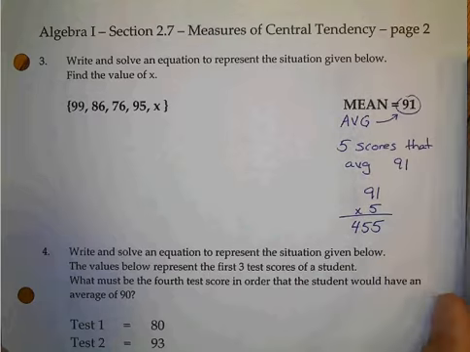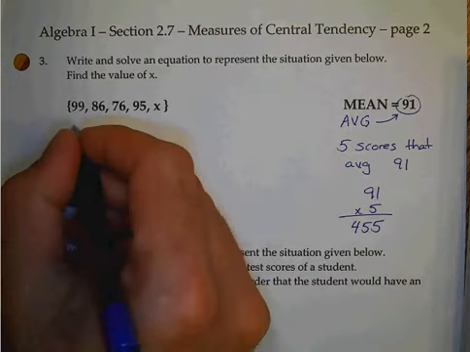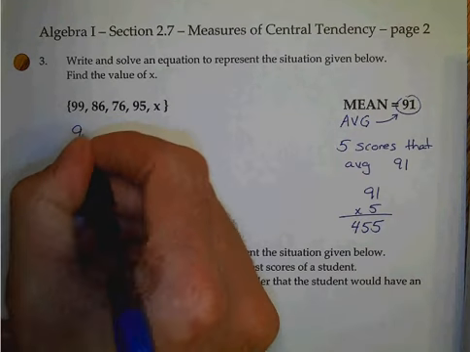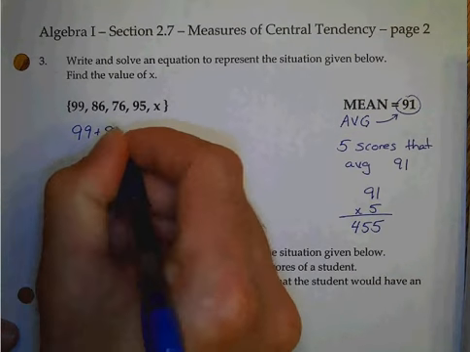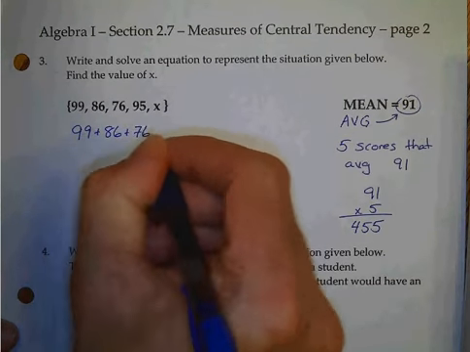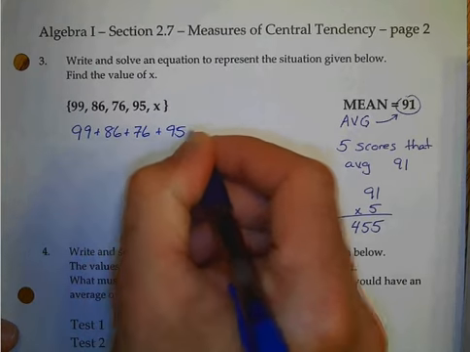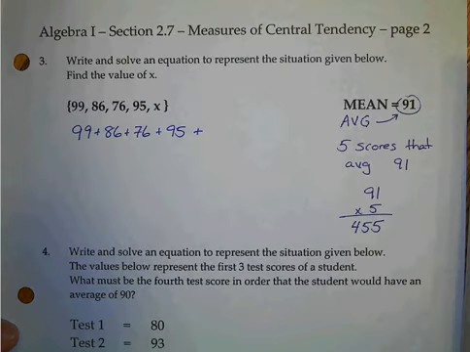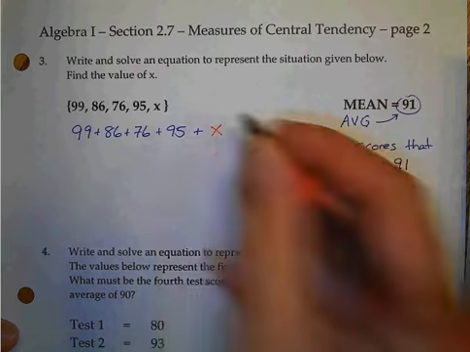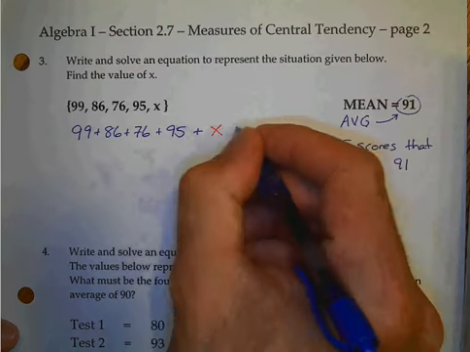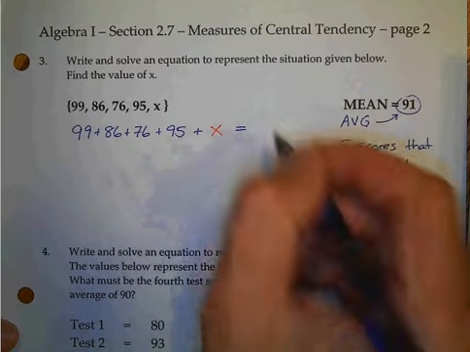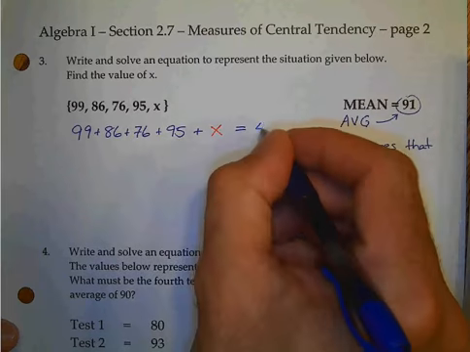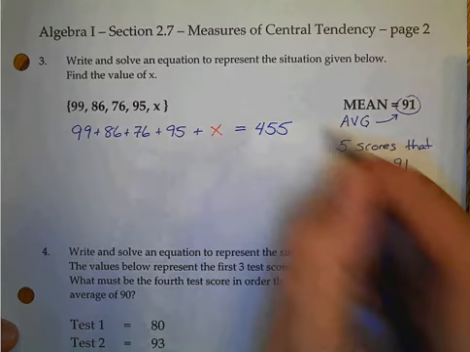Now, based on that, let's look at what the 4 scores that we have right now are. We have 99 plus 86 plus 76 plus 95 plus an unknown score, which we're calling x. And that total has to average 91, or a total of 455 points.